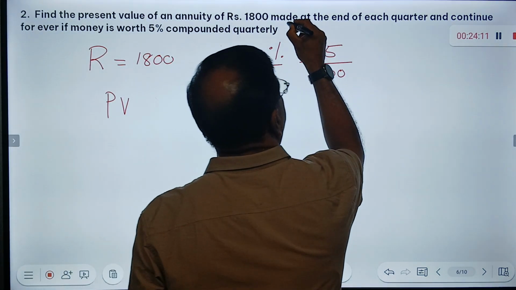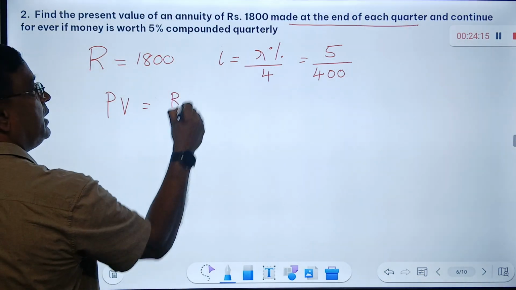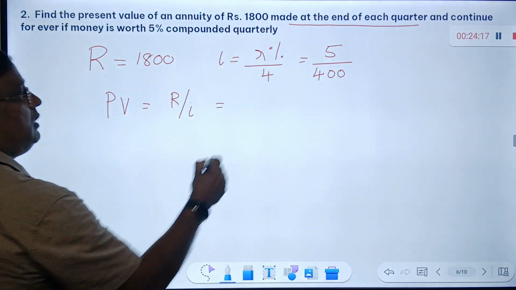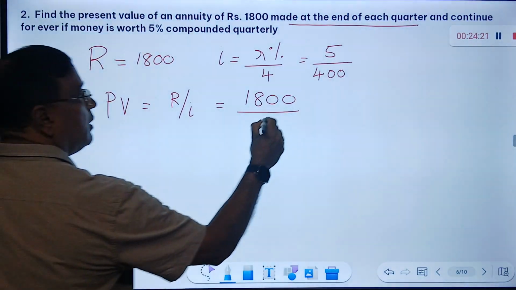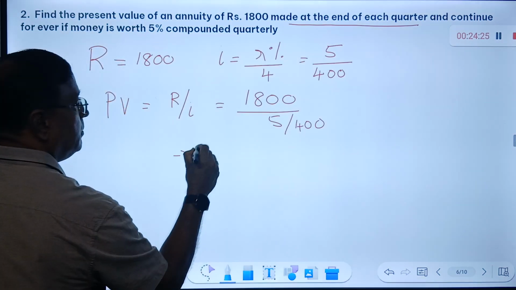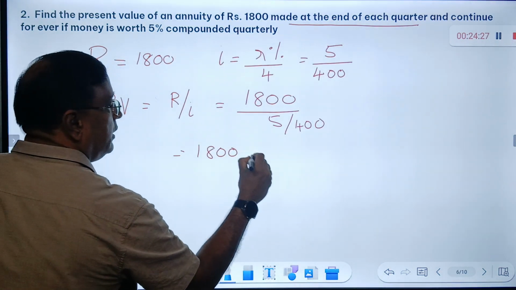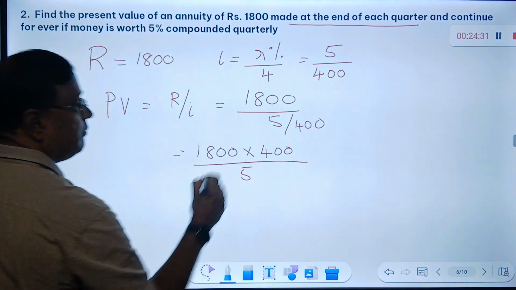Since this payment is made at the end of each quarter, the formula will be R by i. What is R? 1,800. And what is i? 5 by 400. So this will be 1,800 into 400 divided by 5.